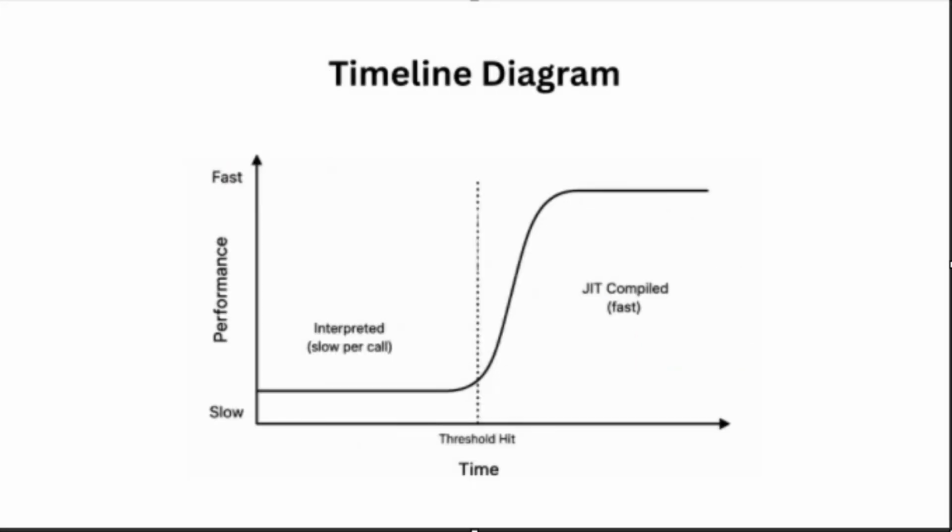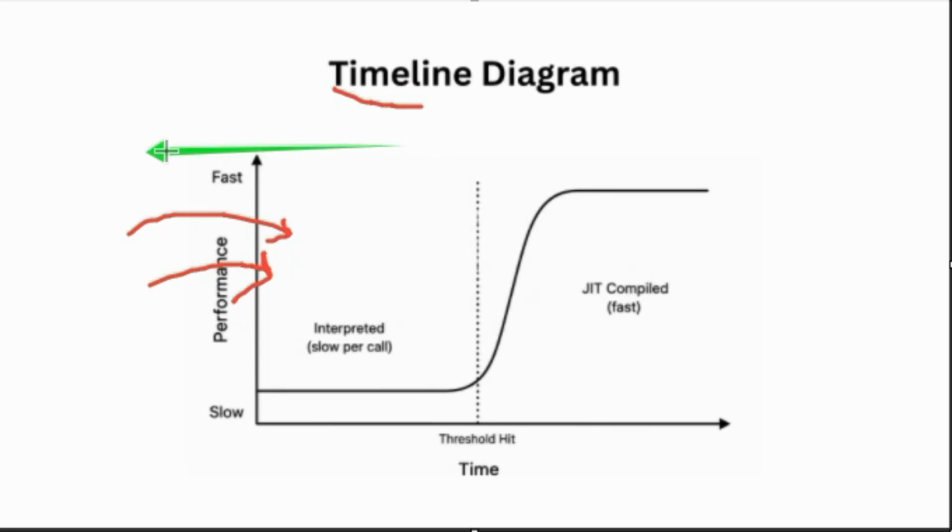Timeline diagram. Watch what happens over time. Left side, everything is interpreted. Slow, because the JVM translates bytecode every single call. Then you hit the threshold.